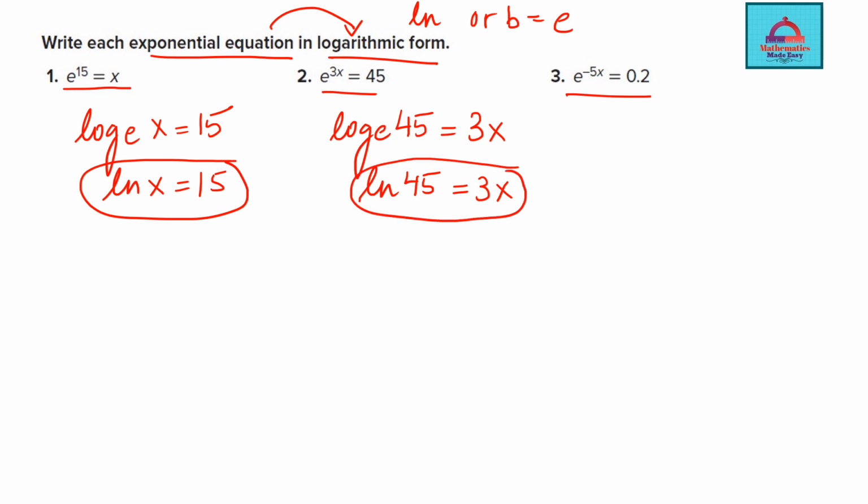In a similar way, the final answer for the next question would be ln, or directly I can write, let me change this a little bit, I will remove e, I can directly write ln x, and here this number is given to be 0.2 equal to minus 5x. Yes, so this is your final answer.